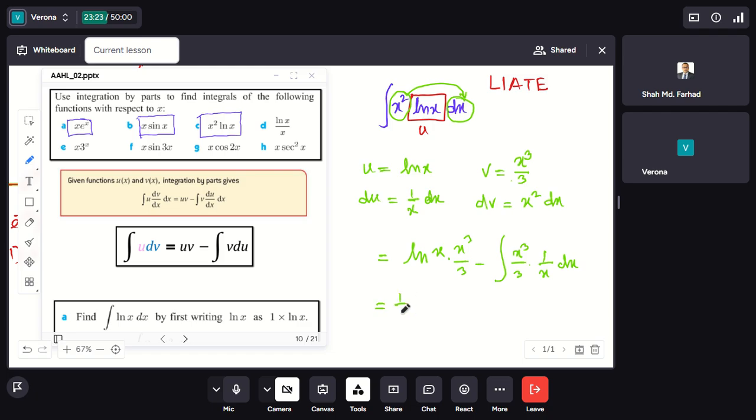That means 1 over 3 x cubed ln x, then minus 1 over 3 integral x squared dx. So 1 over 3 x cubed ln x, then minus 1 over 9 x cubed plus c, right?